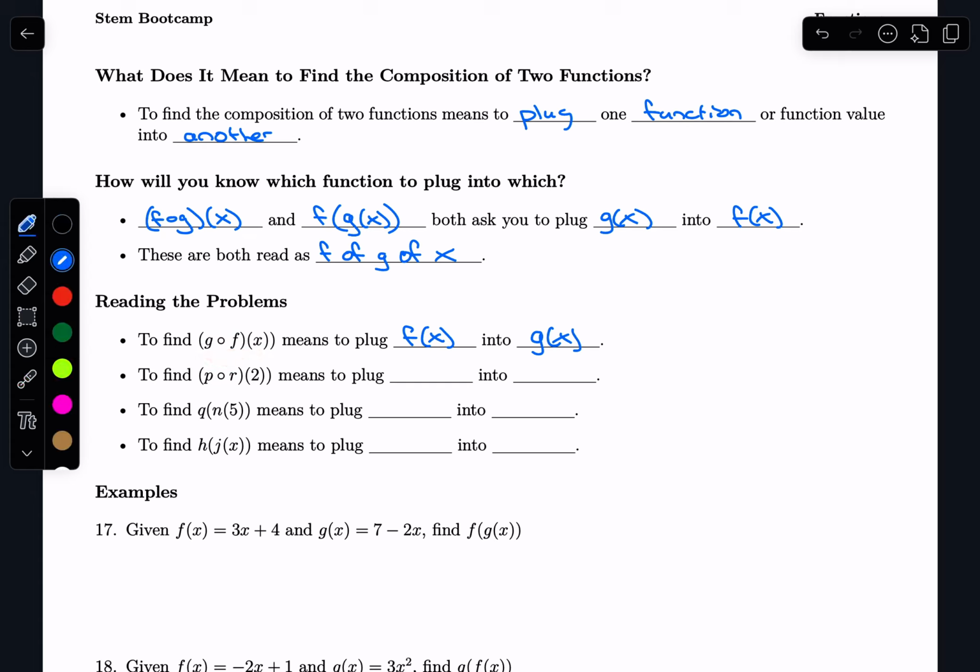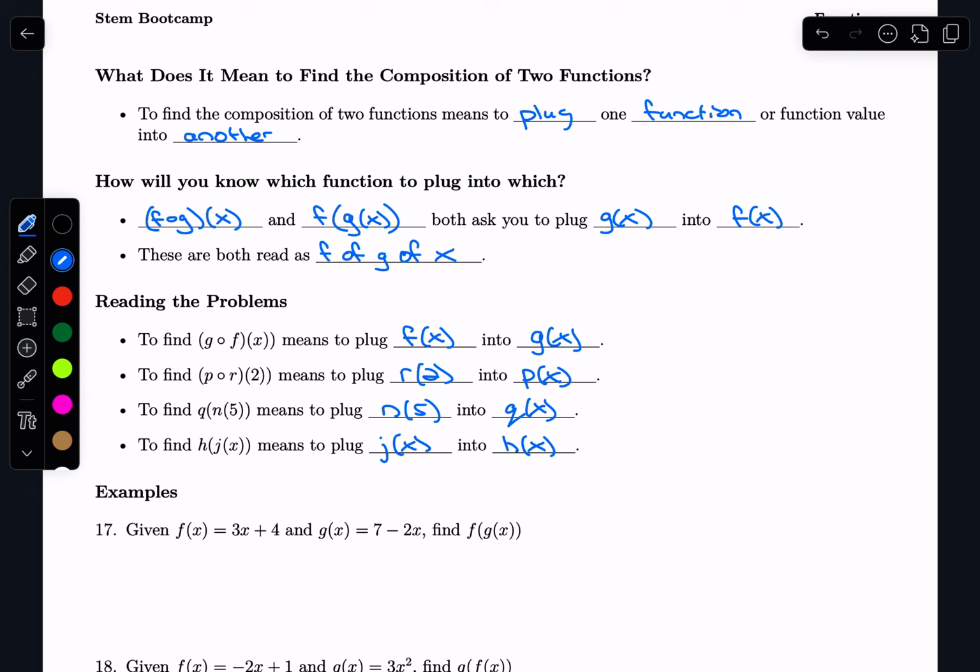Second one, p composed with r of 2 means to find r of 2 and plug it into p of x. So we're going to find the second part first. We're going to find r of 2, and then put whatever that result is into p. Next one, q of n of 5 means to take n of 5 and plug it into q of x. And the last one, h of j of x means to plug j of x into h of x.